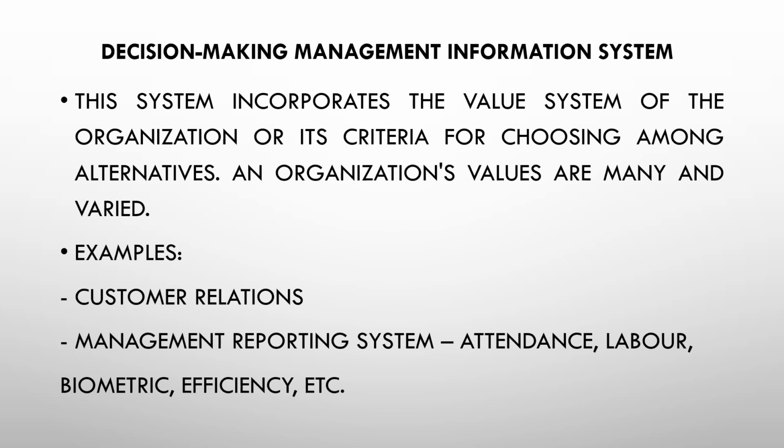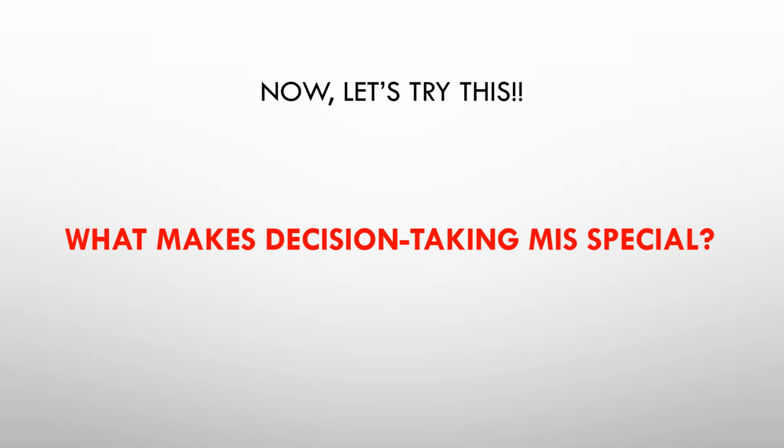For example, customer relations have values, and anything you are doing for customers should not be outside that value. So these are some of the things that make this management information system special compared to other management information systems.